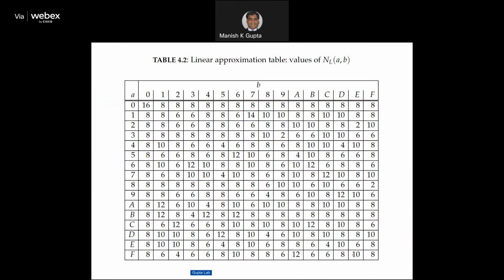So this is the total table for NL(A,B). You can compute for all 16 possibilities for A and 16 possibilities for B in hexadecimal form, and this is known as the linear approximation table.